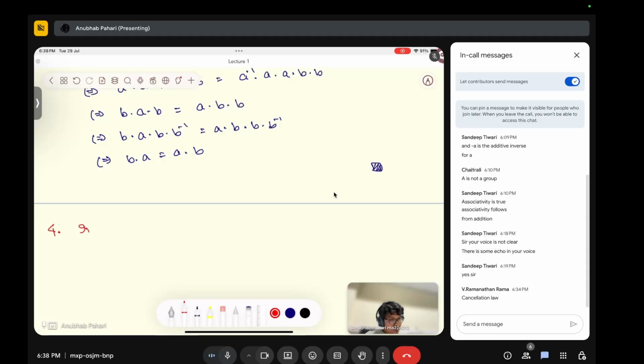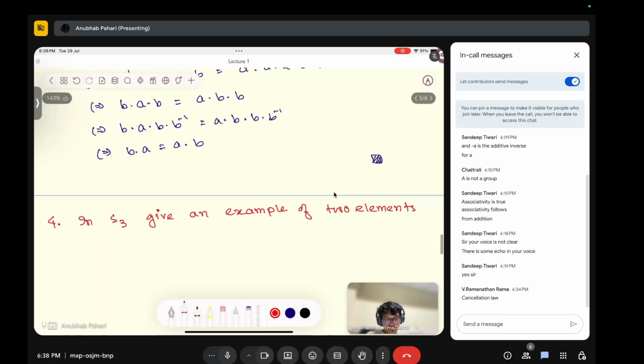So in S3, give an example of two elements x, y such that what we have just did for abelian groups fails.